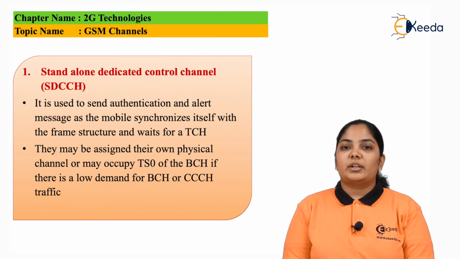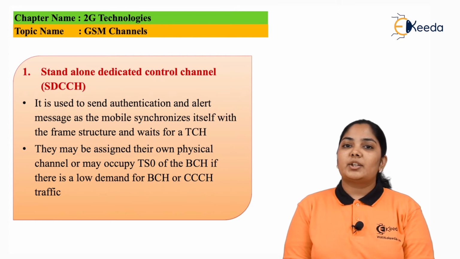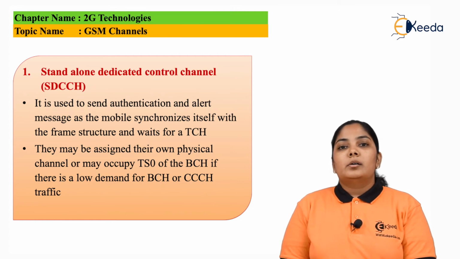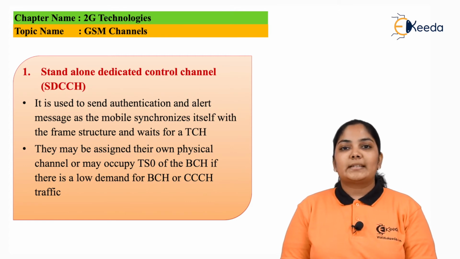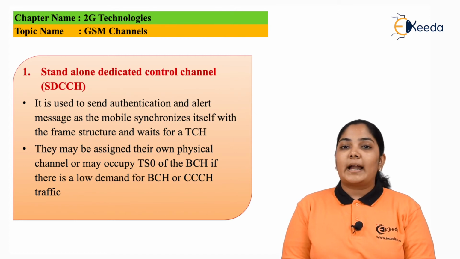In mobile communication, when the user is frame synchronizing and waiting for the traffic channel, there are other functions like authentication which need to be performed. Authentication helps the GSM system identify whether the user is a valid user or not. Hence, we are sending these messages on the standalone dedicated control channel.